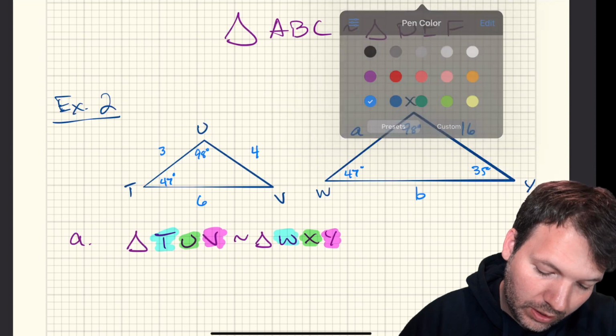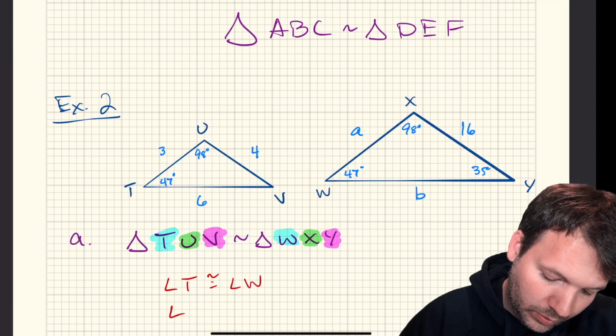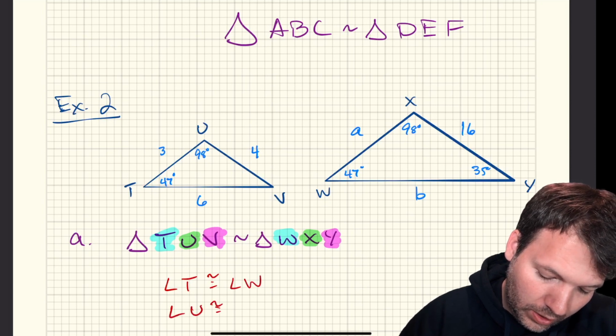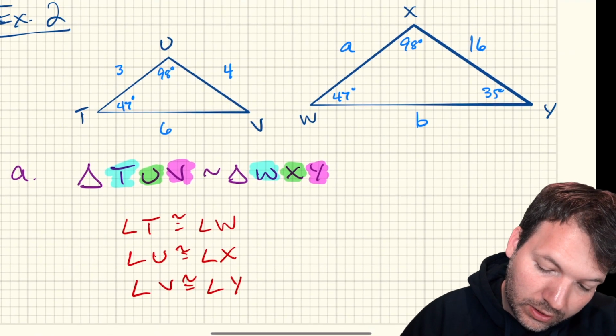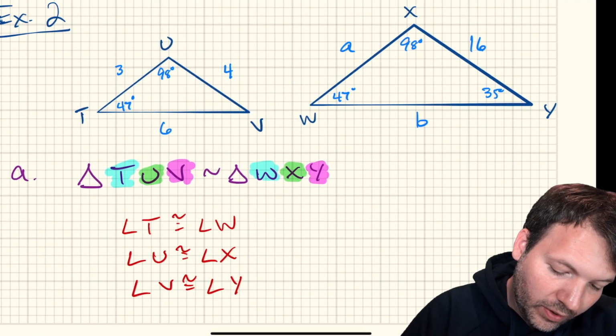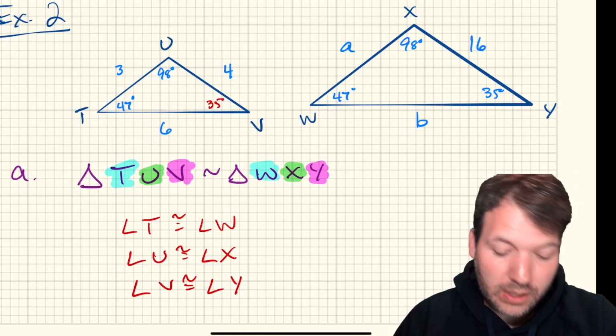It must be the case that angle T is congruent to angle W. It must be the case that angle U is congruent to angle X. It must be the case that angle V is congruent to angle Y. So since we already know that angle Y is 35 degrees, we can go ahead and put that in for triangle TUV.